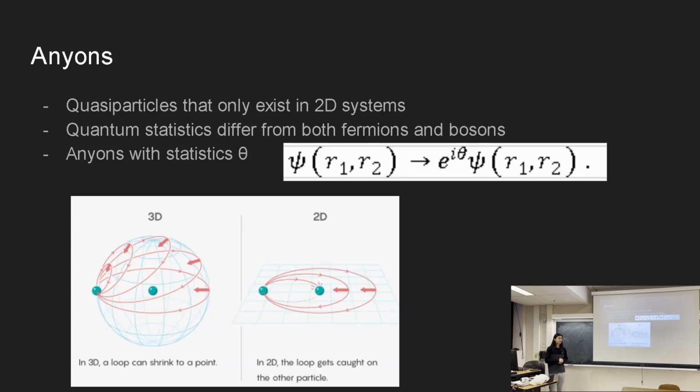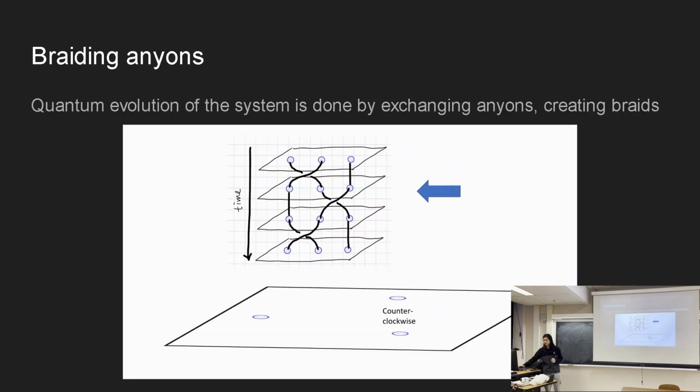Wait, so is the braid information stored in the results, or how is it stored with this time? So the braid information determines how the fusion is.